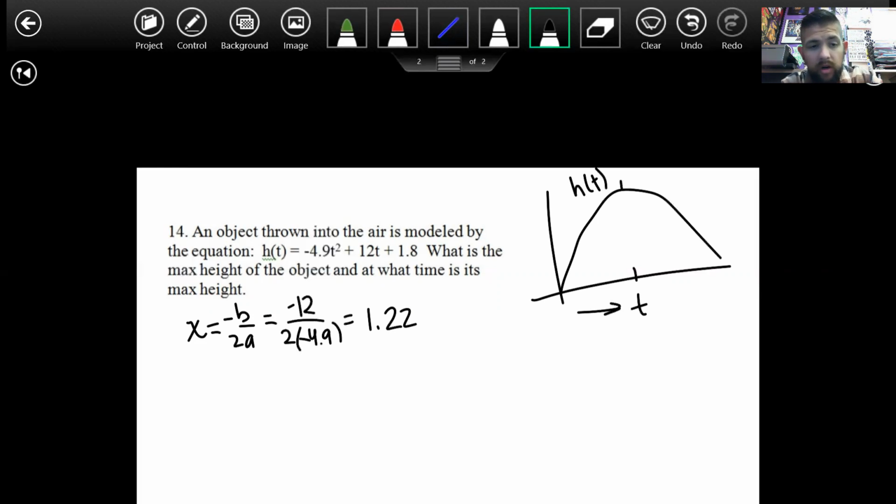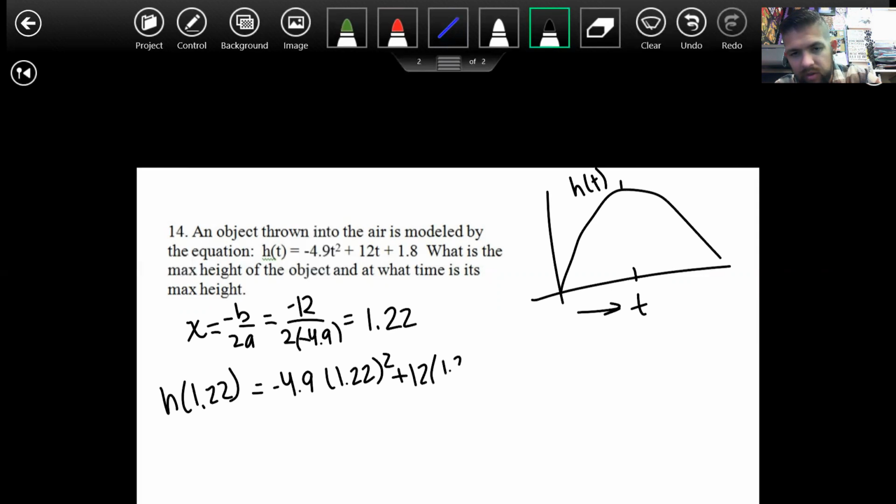Once we have this, we're going to plug this back into our equation, h of 1.22, equals -4.9 times 1.22 squared plus 12 times 1.22 plus 1.8.